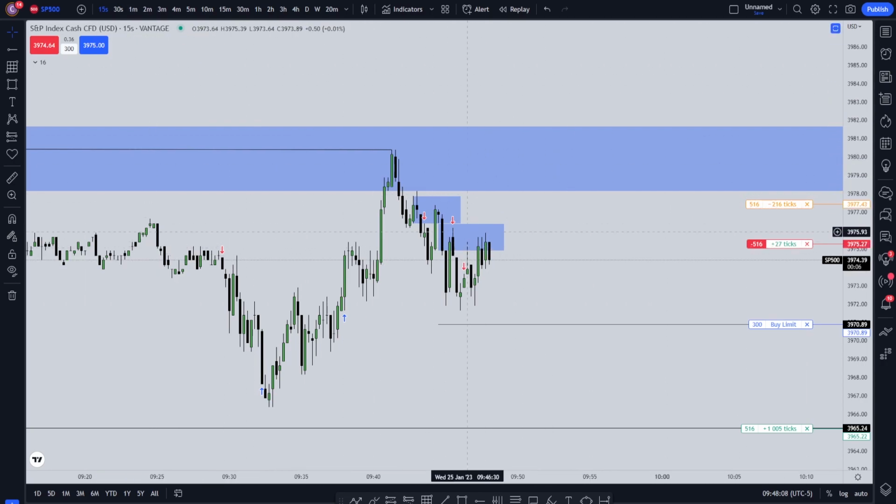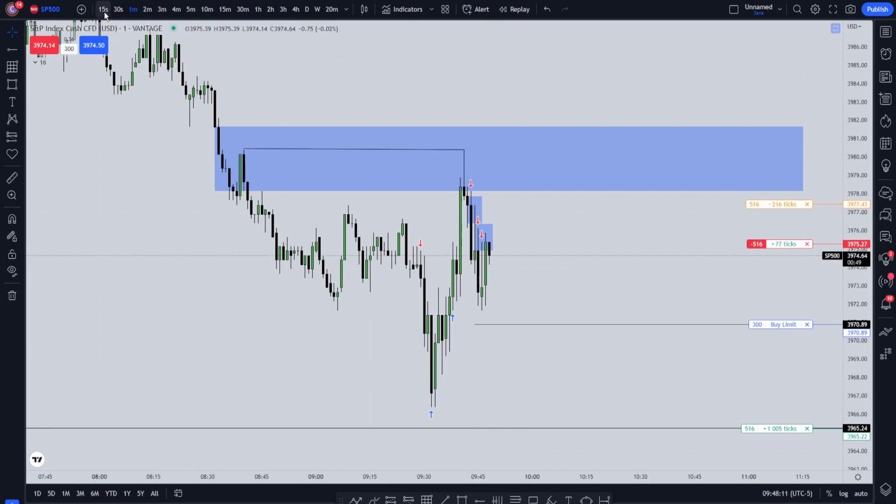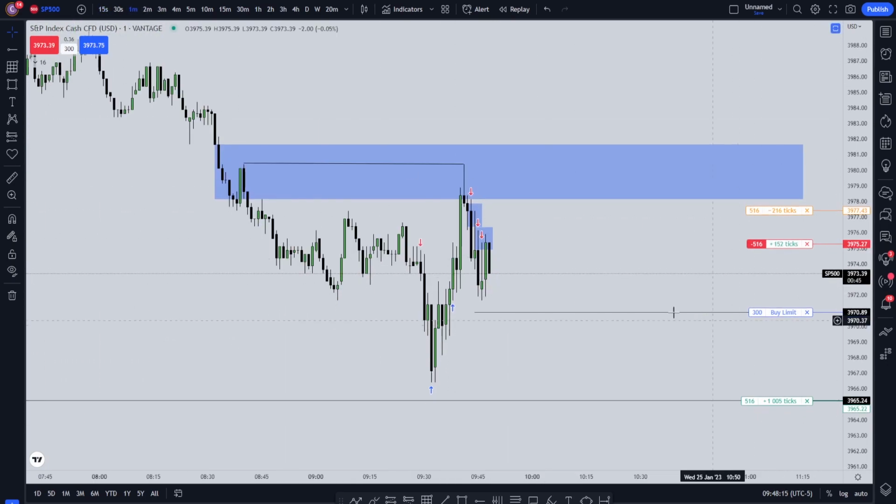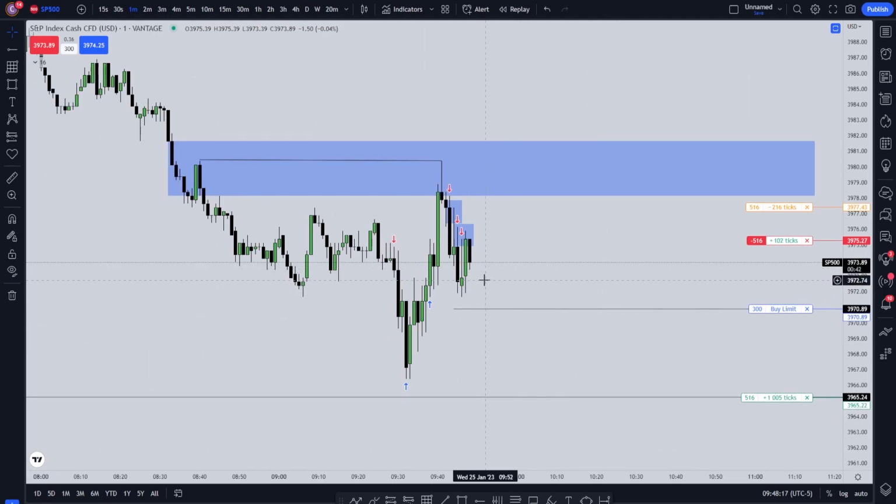Okay, so 2 minutes left until the macro starts. So price should be forming some price signatures. So here, 950 to 1010.